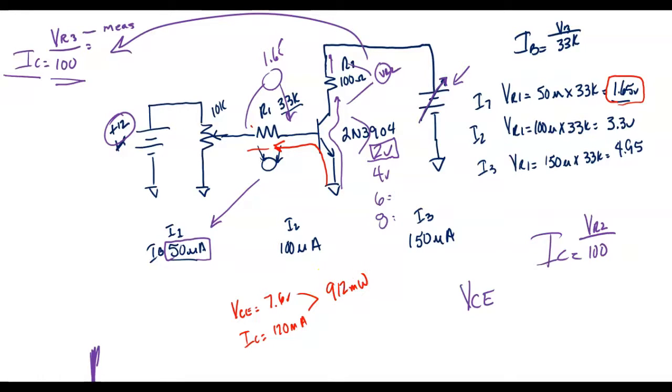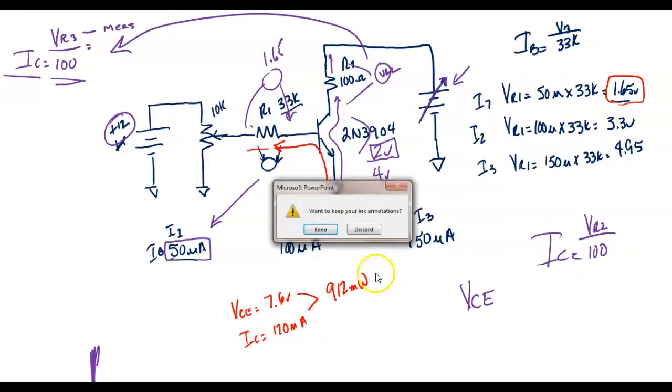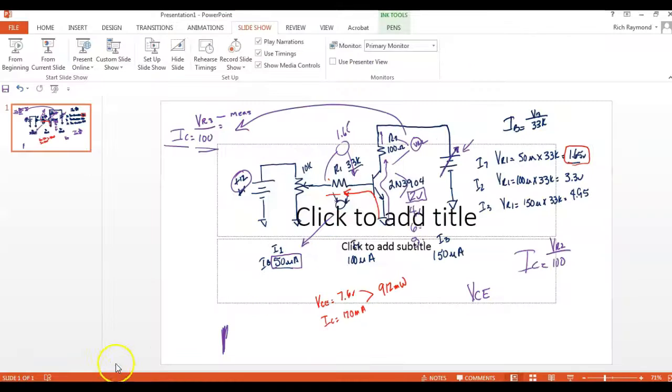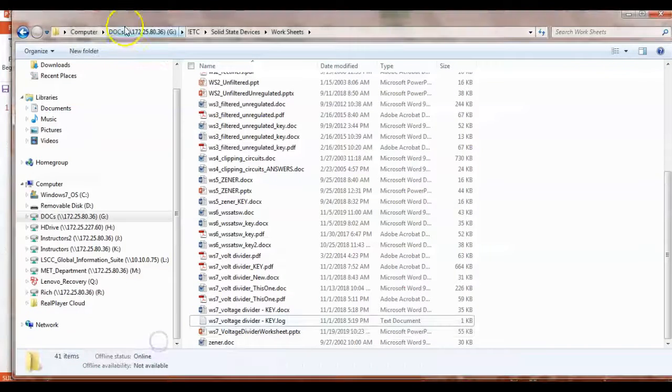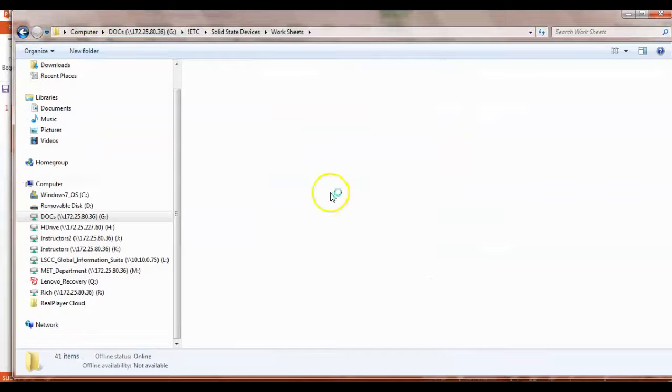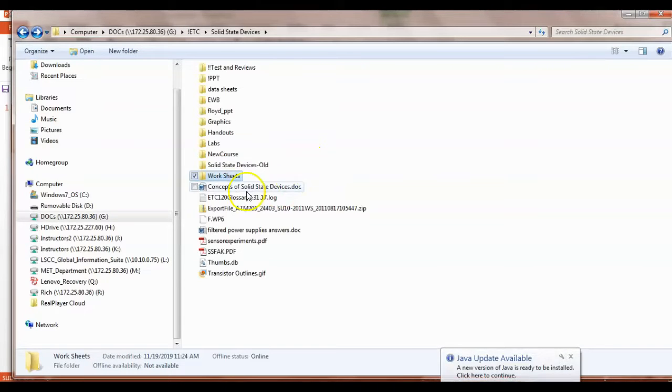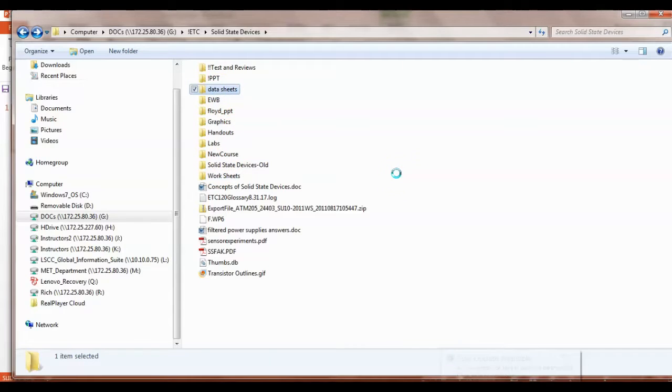What's it rated at? So that's why I turned it off real fast, guys. And we'll have to keep an eye on that high voltage thing right there.